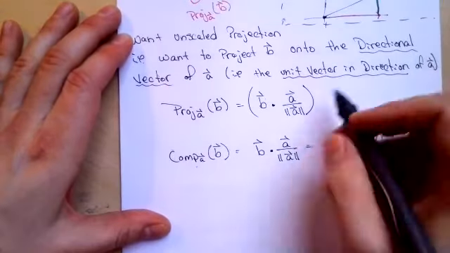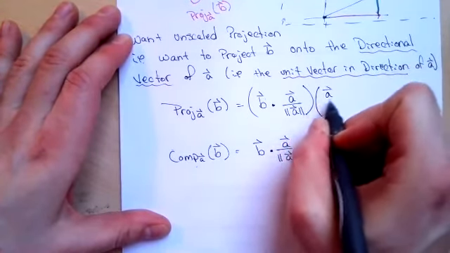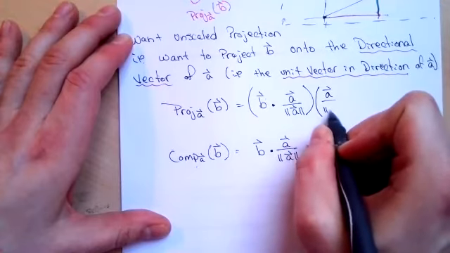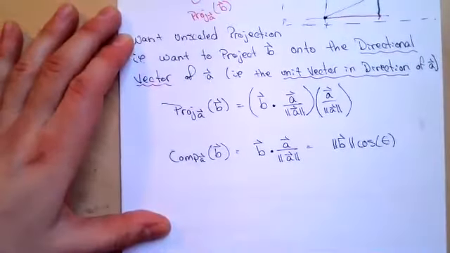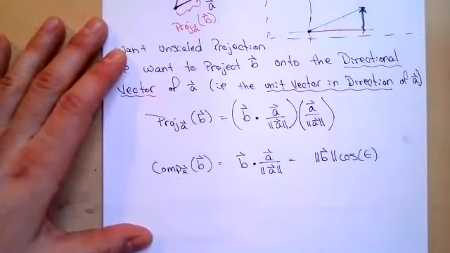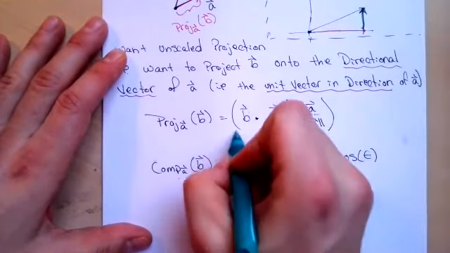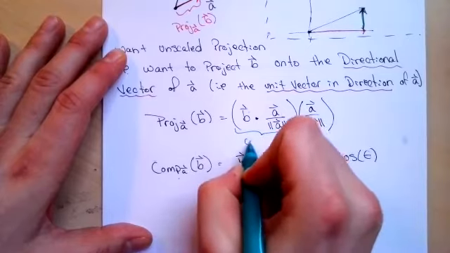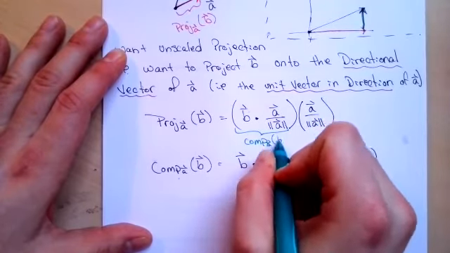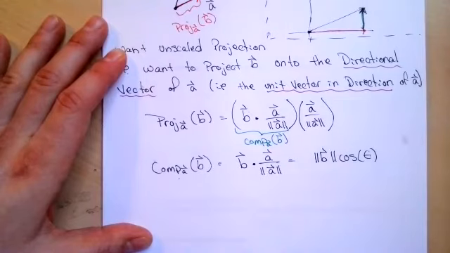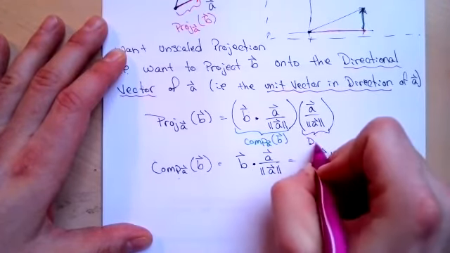Well, we're pointing in the direction of A. So we're going to multiply this times A over norm A. So this gives us our component, and this is our direction.